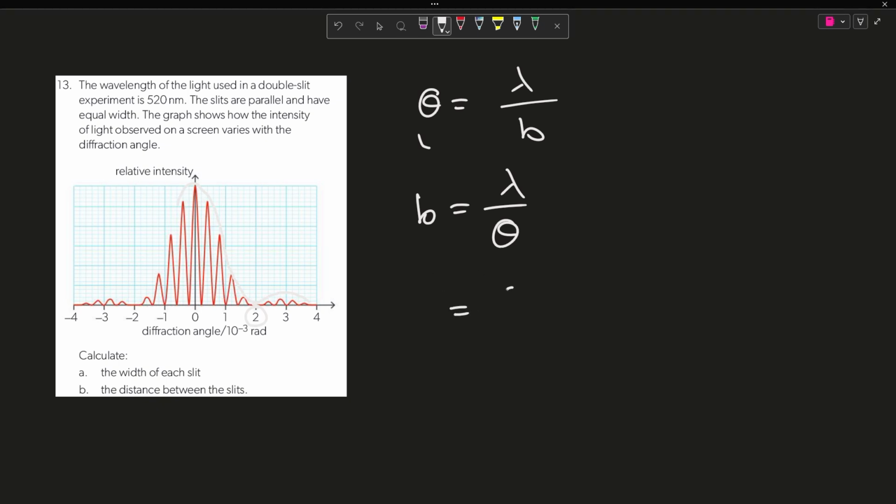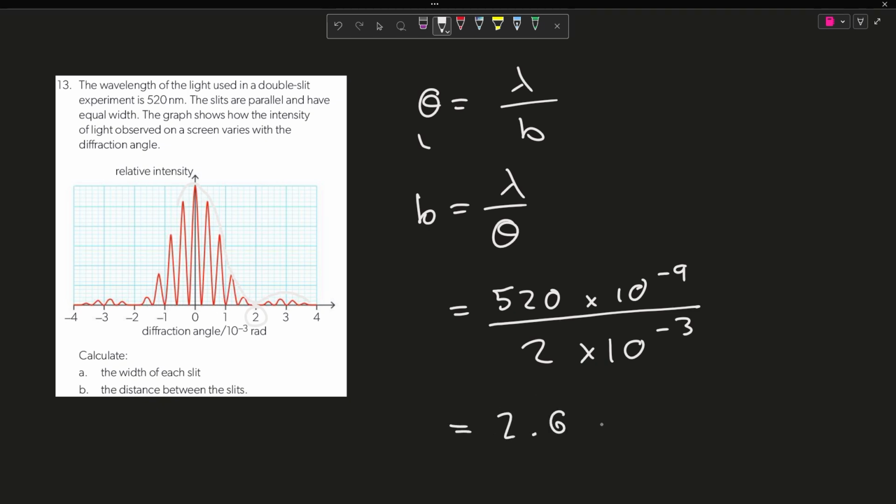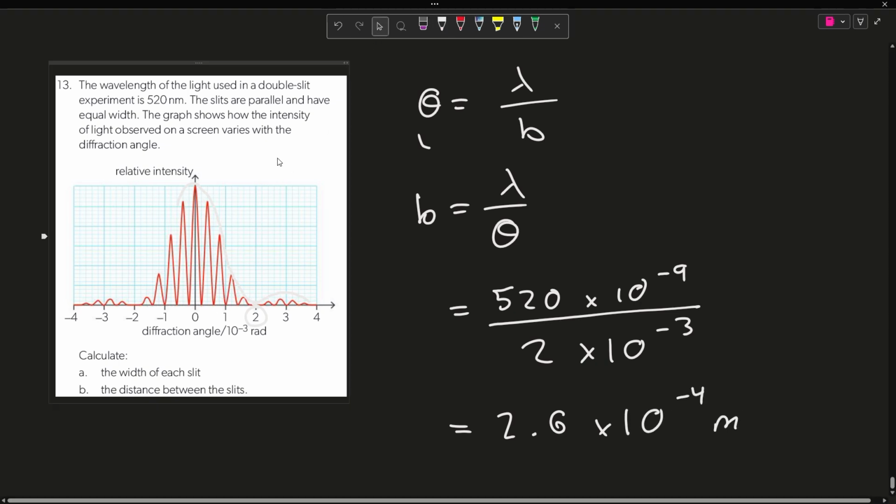So it's equal to 520 times 10 to the minus 9, the wavelength, over the width. And this is 2 times 10 to the minus 3. And for this, you will get 2.6 times 10 to the minus 4 meters for the width of the slit.